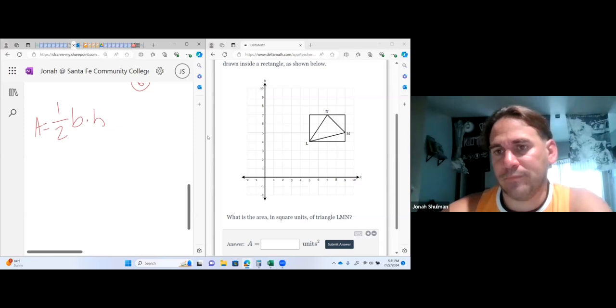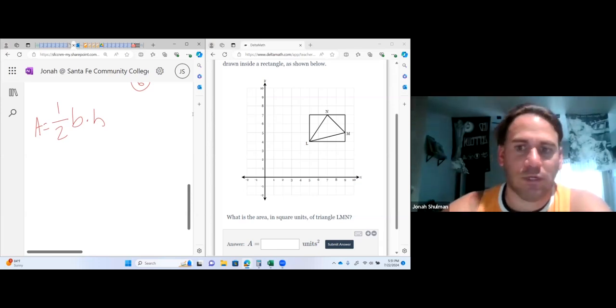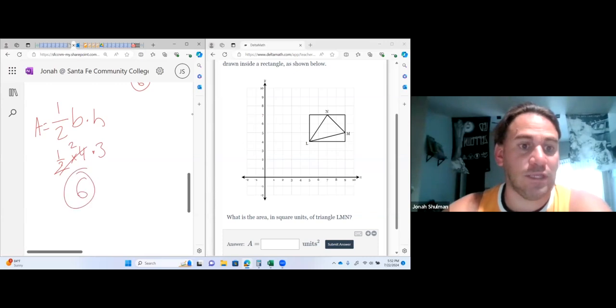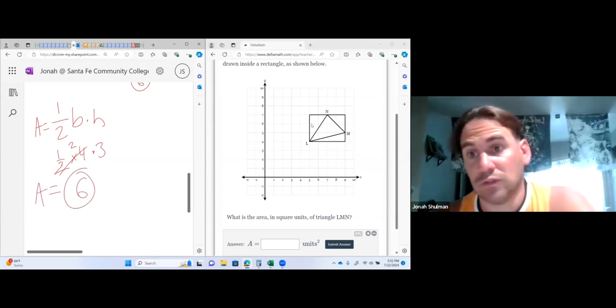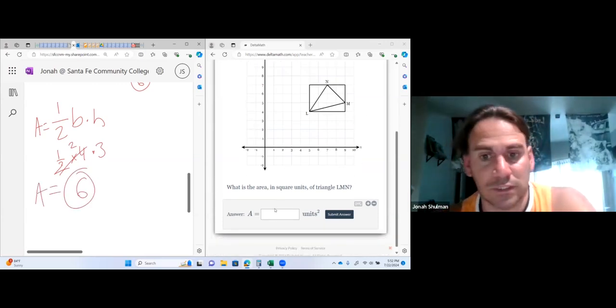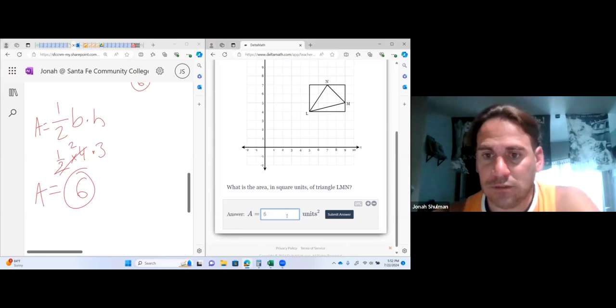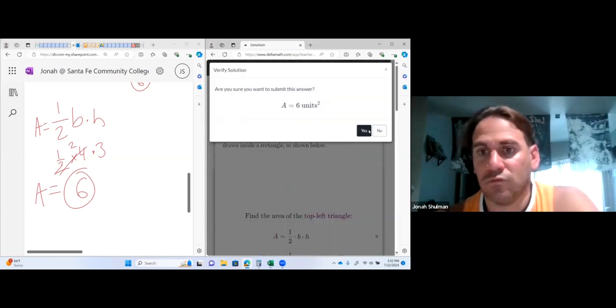Now, this looks weird, but if we have the box around it, we can just use the box. 1, 2, 3, 4, 1, 2, 3. So I'm pretty sure it's just 1/2 times 4 times 3. That cancels to make it 2. I'm pretty sure the area is just going to be 6 units as long as we have a box around each vertex. Let's see if I was right. If not, we'll figure it out.